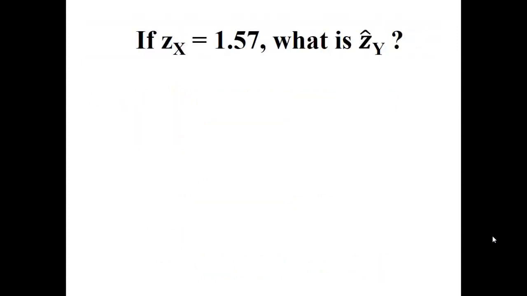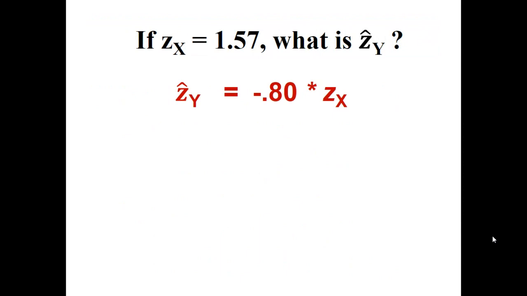Okay, now we're ready to make a regression prediction. If the z of x is 1.57, which we just calculated, what is the predicted z of y? Now, here's the unstandardized regression equation we got a minute ago. So go ahead, do the calculations, and write down your answer.